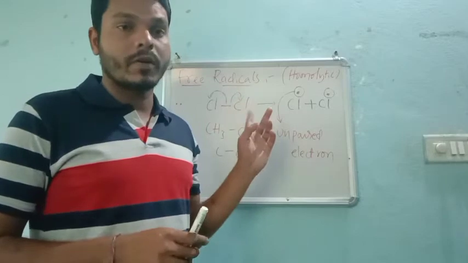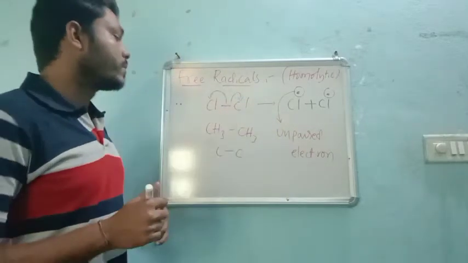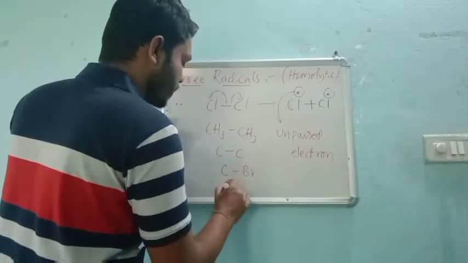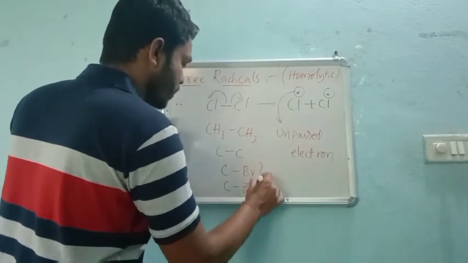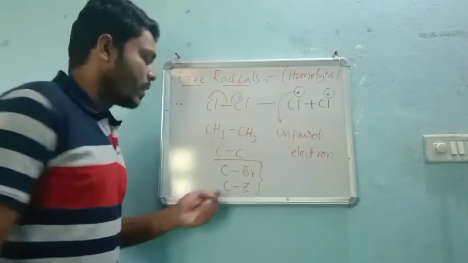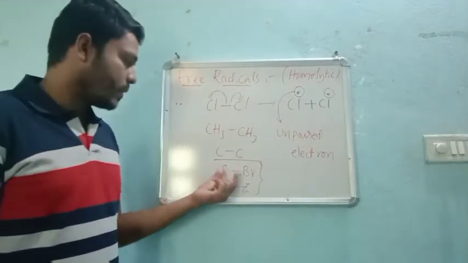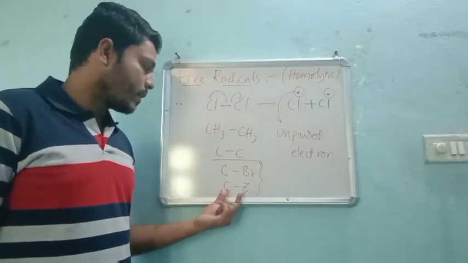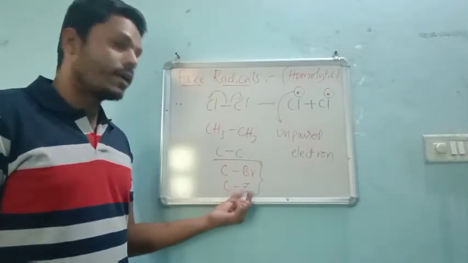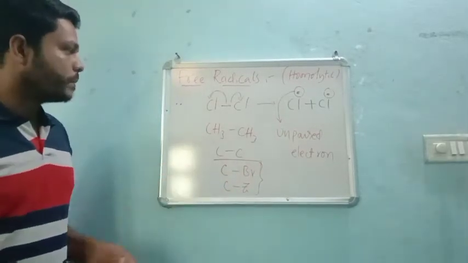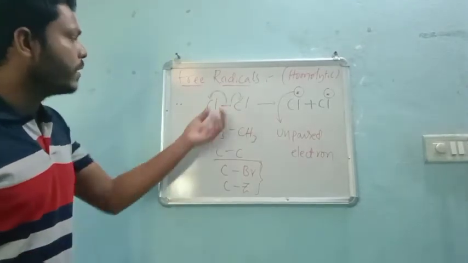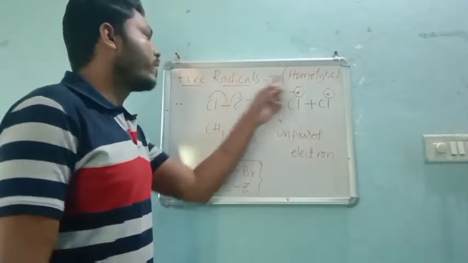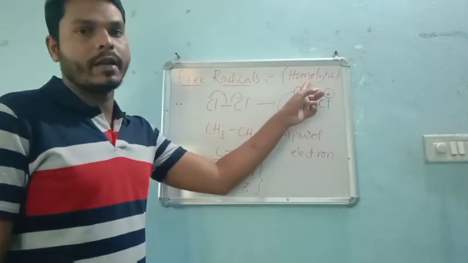Why? Because there the two atoms have different electronegativity, as I showed you. These two are very different. They have different electronegativity characters, like carbon and bromine, and carbon and chlorine. So to get a free radical, we require homolytic cleavage.